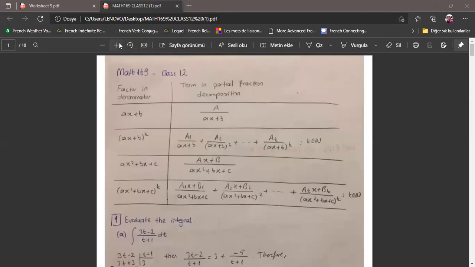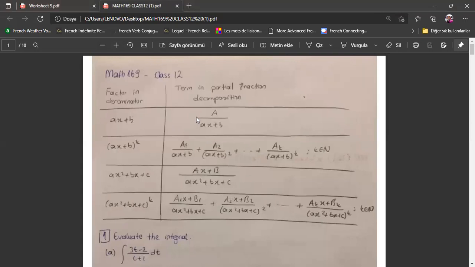Okay, this is the table for fraction decomposition. If you have a term like ax plus b in the denominator, you will just write this one. If you have a power k of ax plus b, as we did before for 2, you would write this sum.